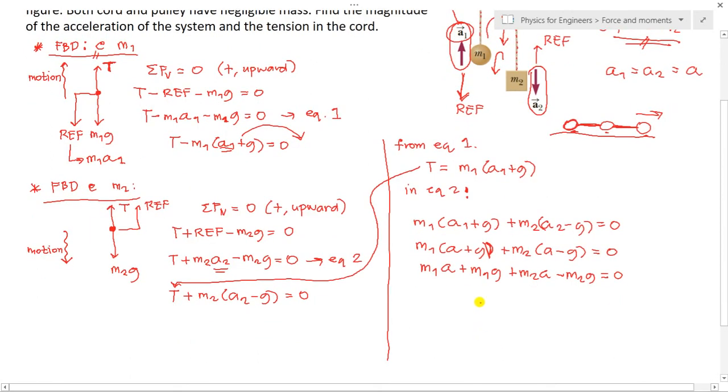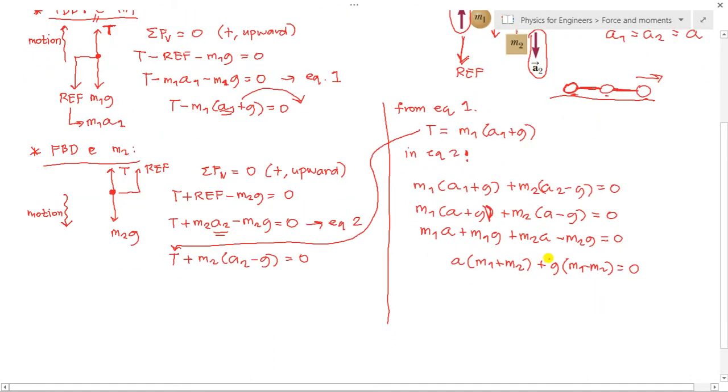We can group the acceleration: a times mass 1 plus mass 2. Then we group g: mass 1 minus mass 2, equal to 0. Transposing to the other side, a times mass 1 plus mass 2 is equal to negative g times mass 1 minus mass 2.